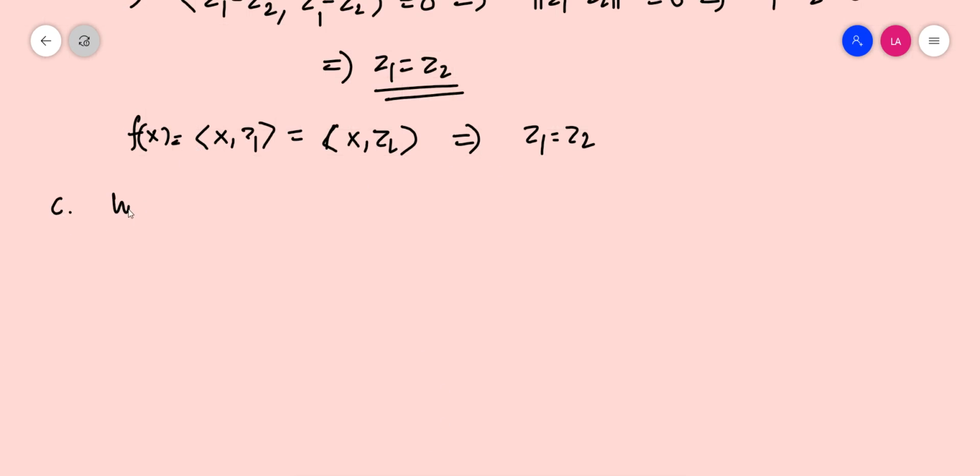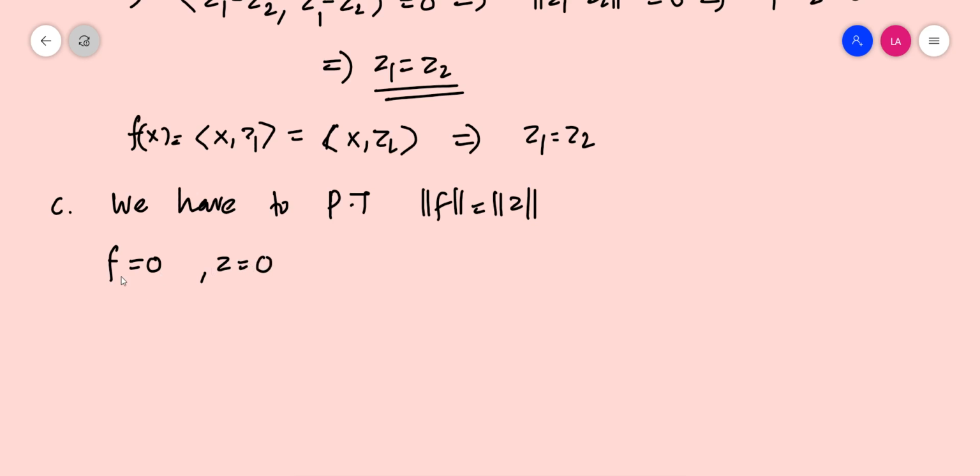Now, third part, we have to prove that norm f is equal to norm z. Here also consider if f is equal to 0 and z is equal to 0, then norm f is equal to 0 is equal to norm z.